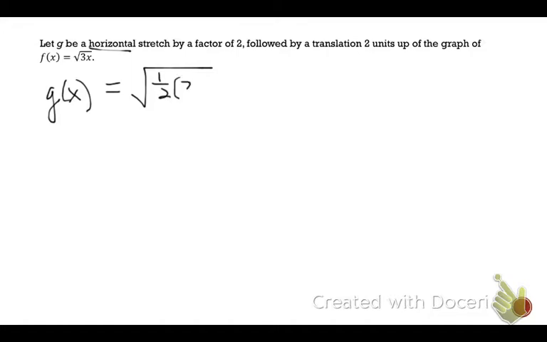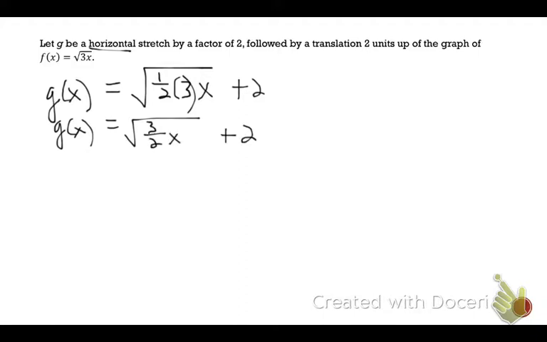Now we already have a 3 there and then an x. And then 2 units up, so we need to have that plus 2 out to the side. So if we simplify this, we'll get the square root of 3/2 x and then plus 2 out to the side.